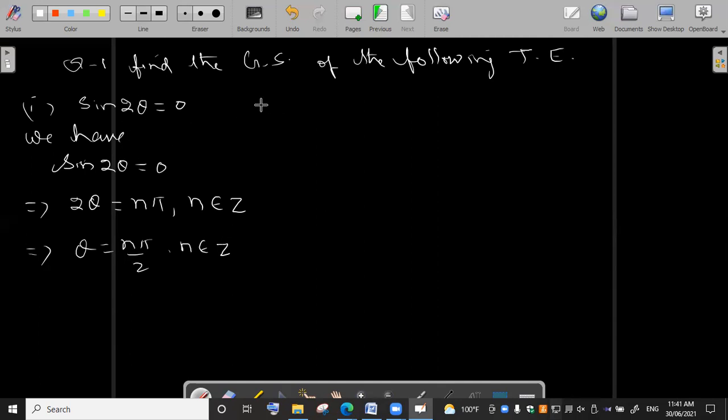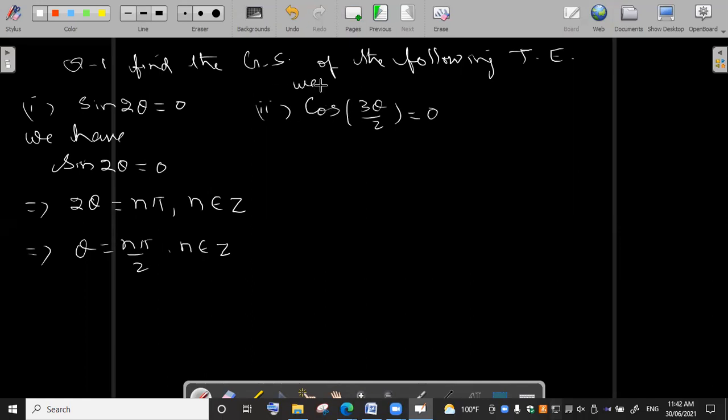Whatever angle is given here, for example sine 3 theta by 2 is equal to 0, no problem. Now we have taken sine, so we can take cos 3 theta by 2 equal to 0.